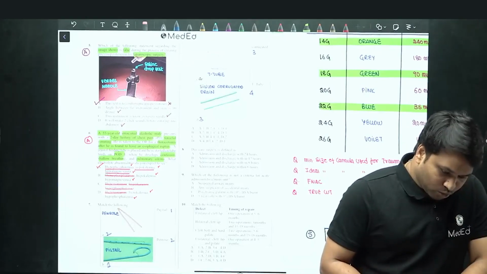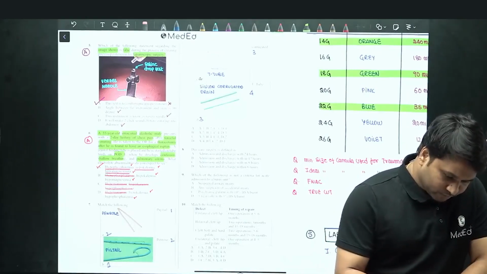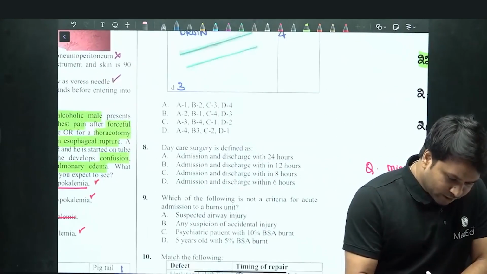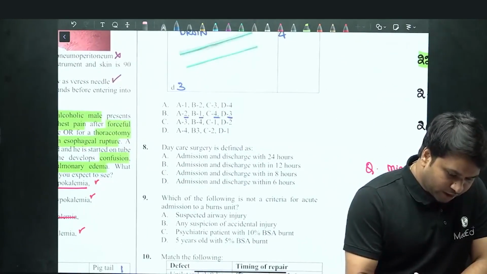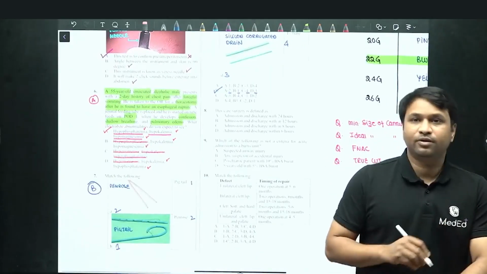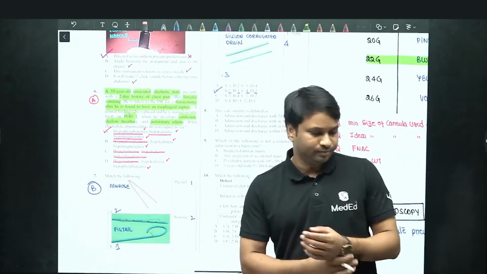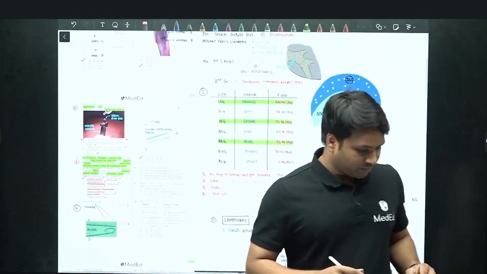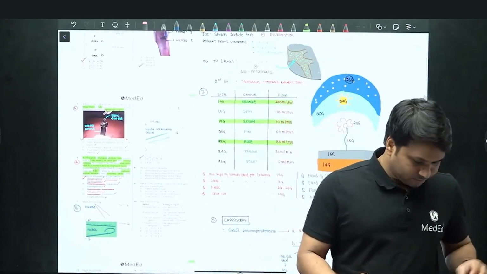So, 2, 1, 4, 3. Answer here is B for Bombay. Clear?